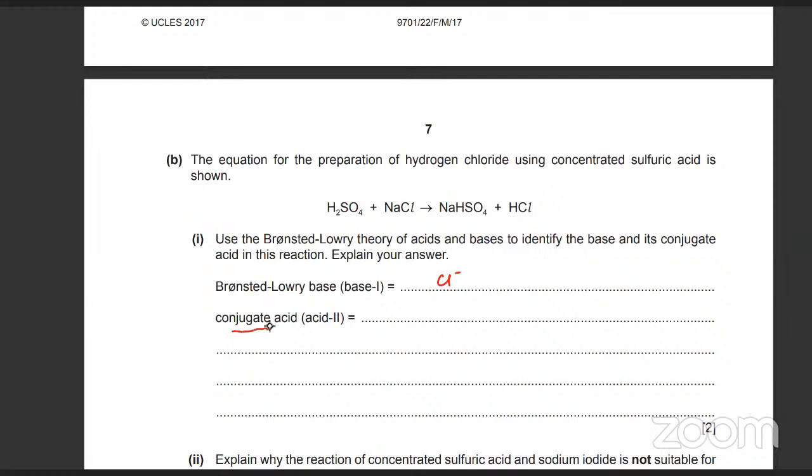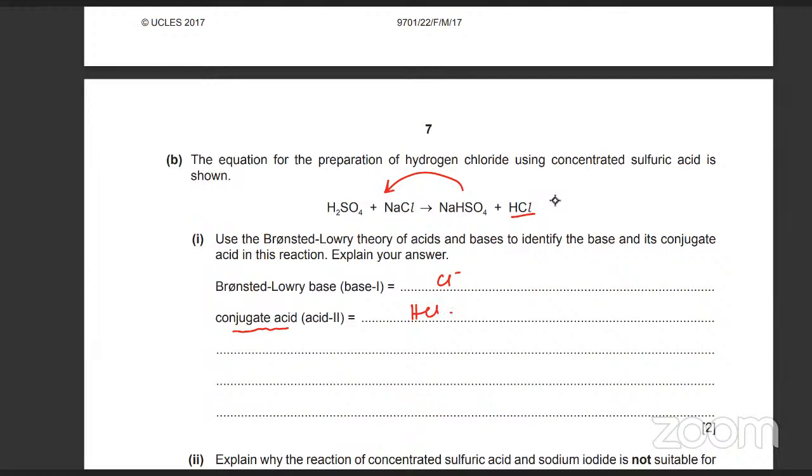So you're talking about who's acting as the acid in the reverse direction. Who's the one that's losing H+1? The acid is the one that loses H+1 ions. That's going to be HCl. So in the reverse, HCl is the conjugate acid.